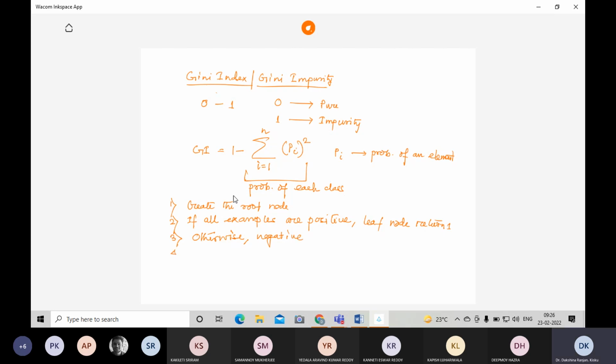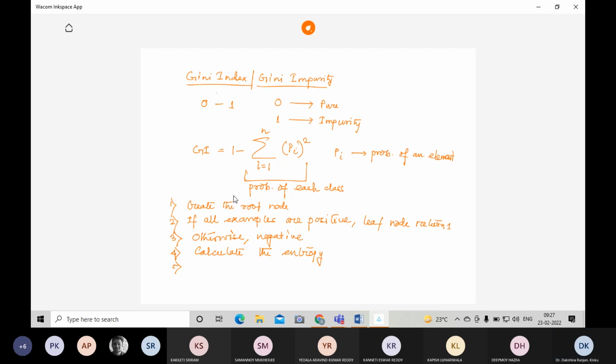Okay, what is the next step? In the next step, we calculate the entropy of the entire data set. So the entropy on the entire data set is calculated in the next step.